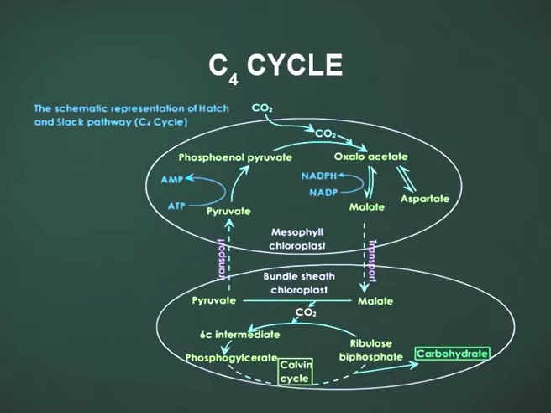At the end, the initial substrate PEP of the C4 cycle is regenerated in mesophyll cells through pyruvate. Thus, the C3 molecules return to the mesophyll cell to accept more carbon dioxide. This cycle ensures a high carbon dioxide concentration for the carboxylase activity of Rubisco in the bundle sheath cells.